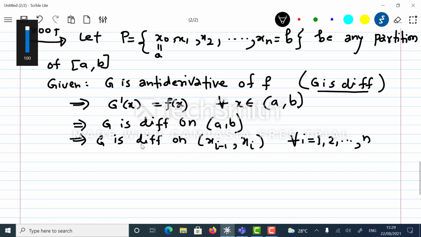Differentiability implies continuity. So g is differentiable and continuous, so we can always apply Lagrange's mean value theorem.